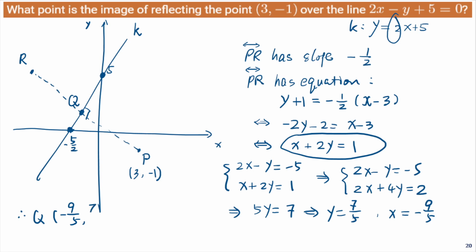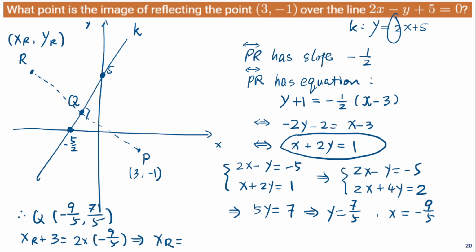Therefore, Q has coordinates (-9/5, 7/5). So if we let the coordinates of R be (xr, yr), then we have xr plus 3 equals 2 times -9/5. This gives us xr equals -33/5.